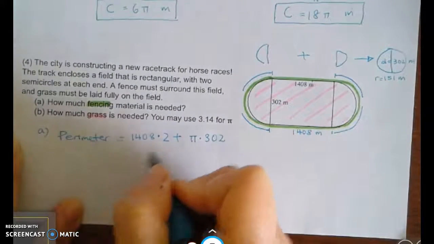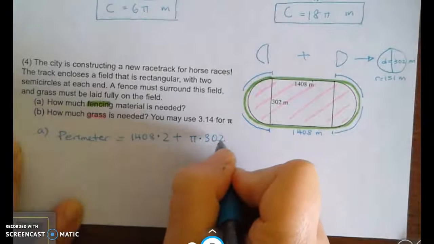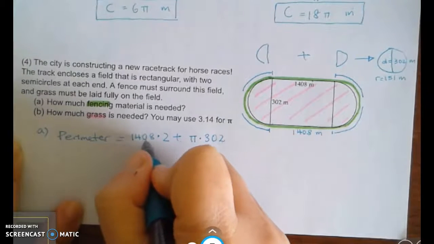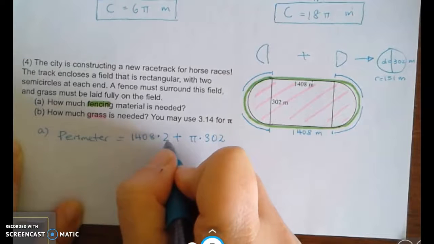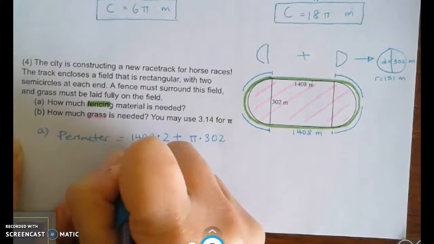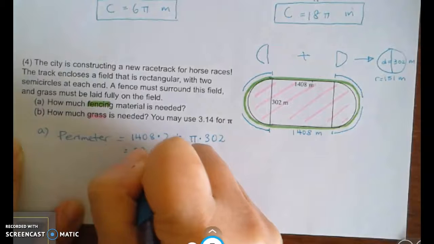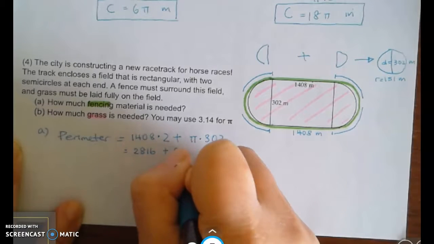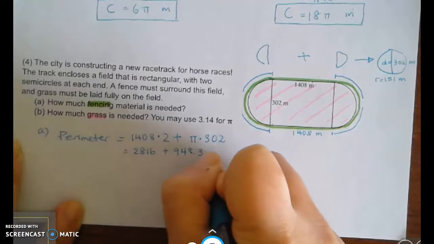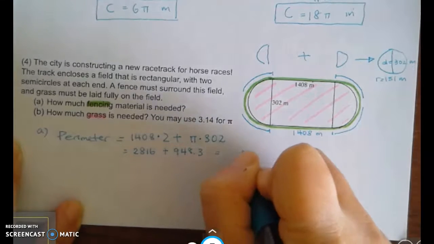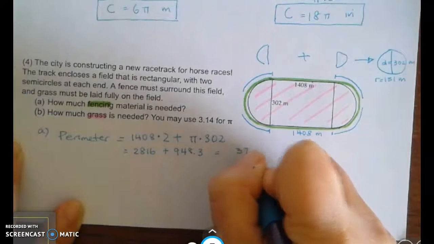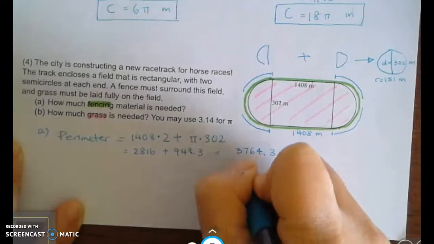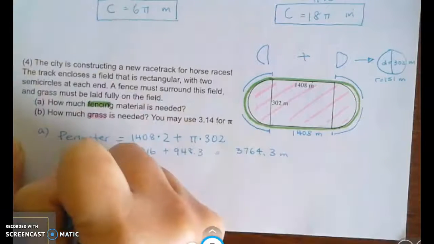So the circumference is going to be pi times 302, plus 1,408 times 2. And that is going to be 2,816, the first part doubled, plus 948.3 meters. And that is equal to 3,764.3 meters. So the perimeter is this length.